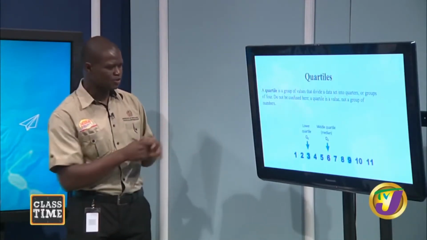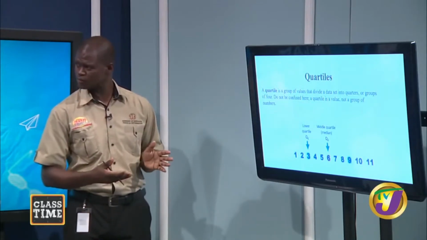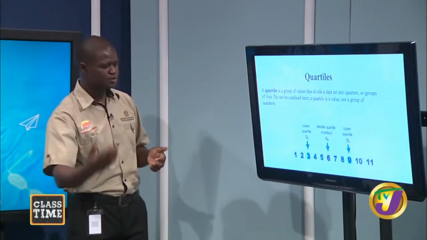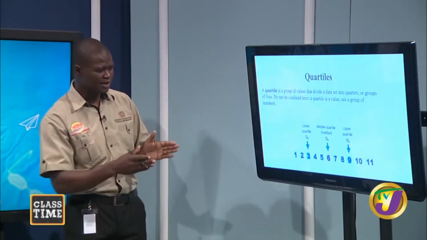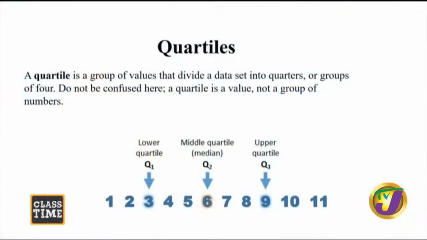This is what is referred to as your Q1. And if you do the same thing to the data set on your right, the 9 here would fall in the middle. So it's like the median for that right side of the data. So here we have now the data set being divided into 4 segments.